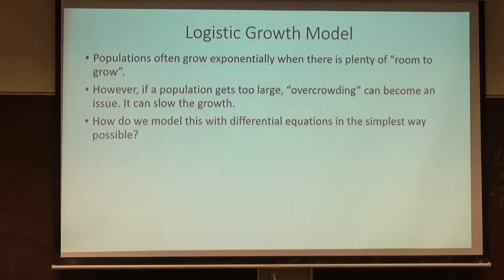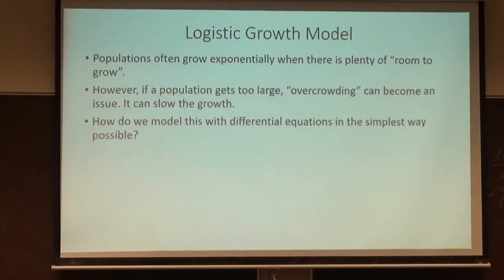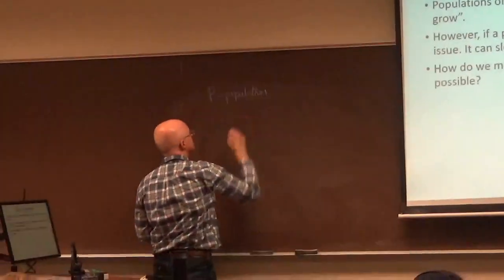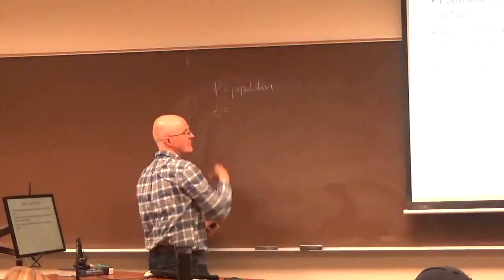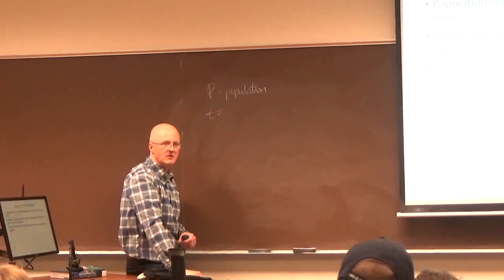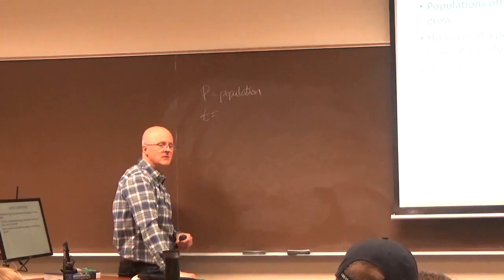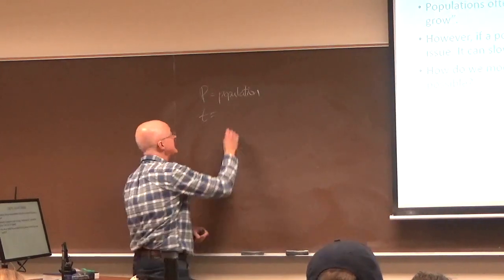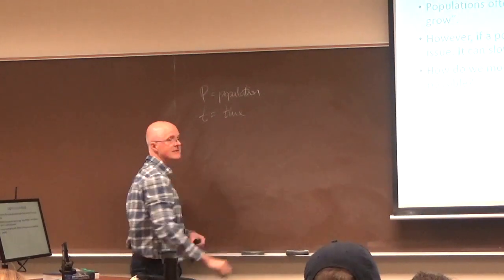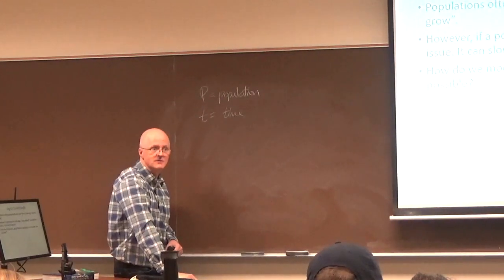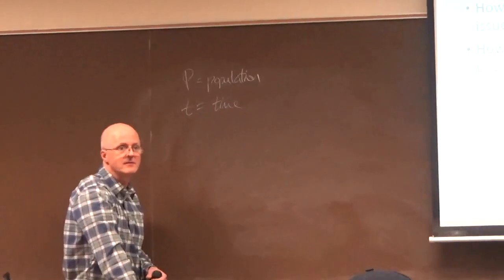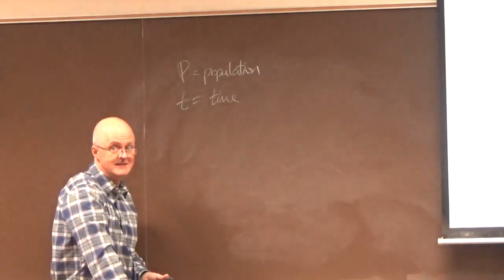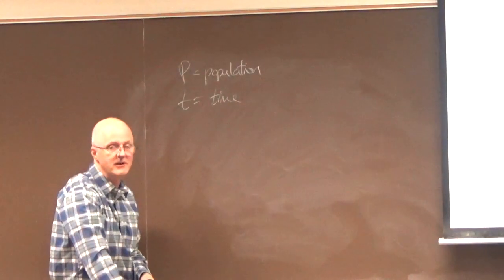If P is the population, maybe in number of people or thousands of rabbits or billions of bacteria, and T is time, various units could be used: years, months, days, minutes. Talking bacteria, it could be minutes.